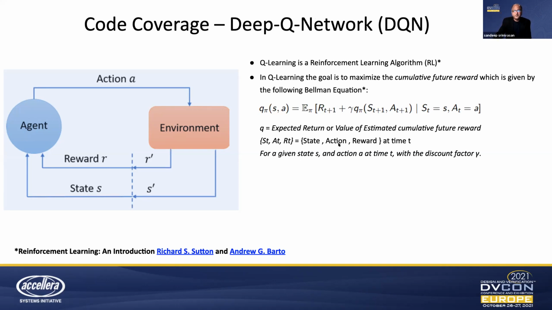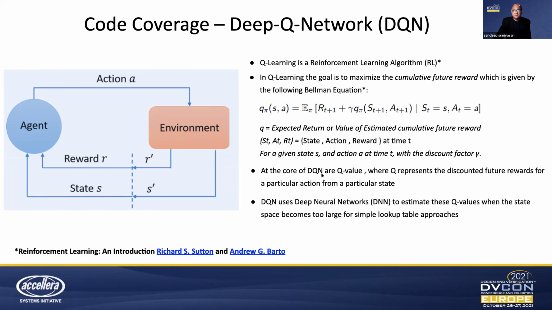Right? So for more on this topic, the book by Richard Sutton and Barto is fantastic, and I'd encourage all of you to look at that if you haven't already. So the core of a DQN are Q values, as I just mentioned, where Q represents the discounted future rewards for a particular action for a particular state.